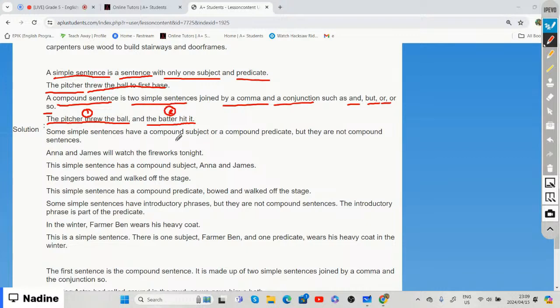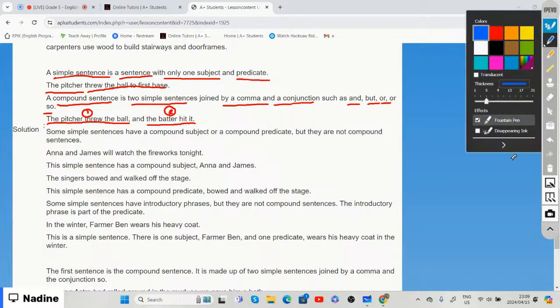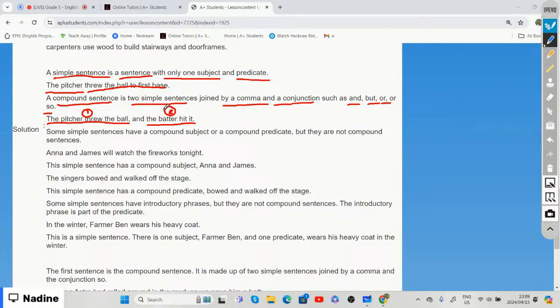The batter hit it is a sentence that can stand on its own. The pitcher threw the ball is also a sentence that can stand on its own. But these two simple sentences we have joined using a conjunction, not forgetting that we first put the comma and then a conjunction. There we have it, and that is a compound sentence.